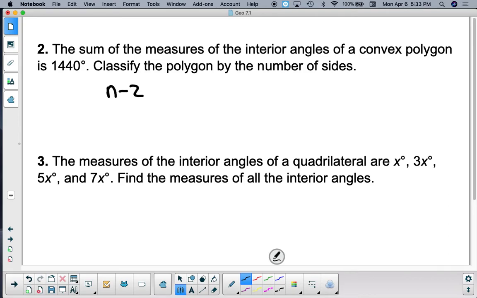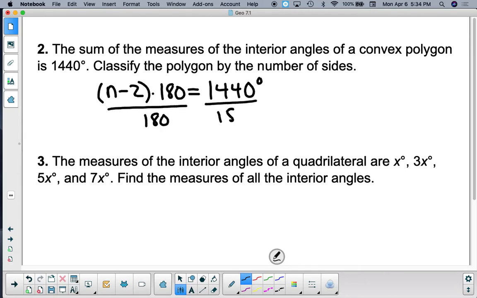So using the formula, I'm going to have n minus 2 times 180 equals 1,440 degrees. So again, you want to divide by 180, get rid of that, and so I get n minus 2 equals 8, and then add the 2 over, n is equal to 10.